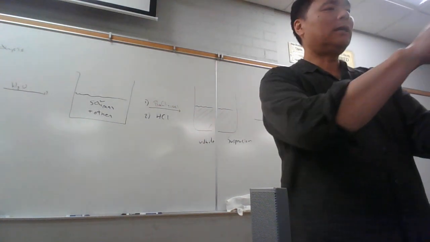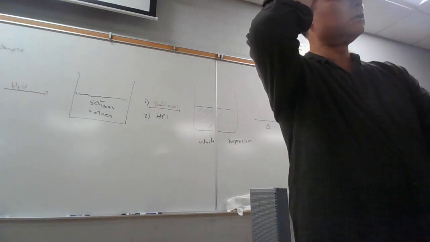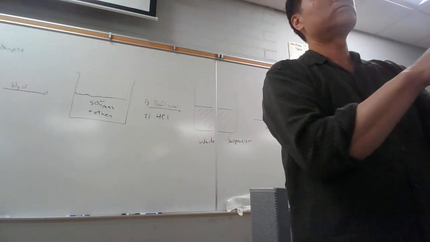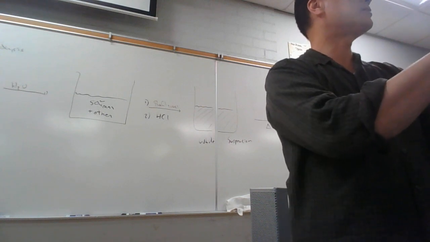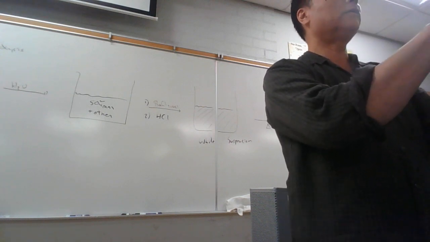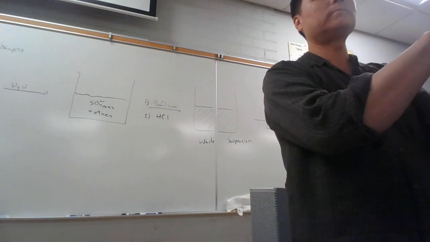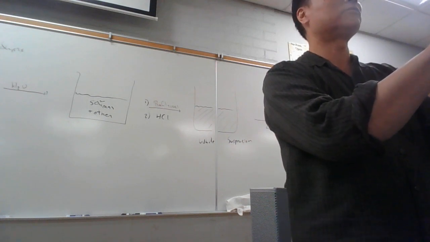Do you know how many drops are in a milliliter, roughly? I think there's like 10. Close. Not 10. 20 drops in a milliliter. So it depends on your drip rate. If your drip rate is going drip, drip, drip, that's too slow. It's going to take you forever to filter it.